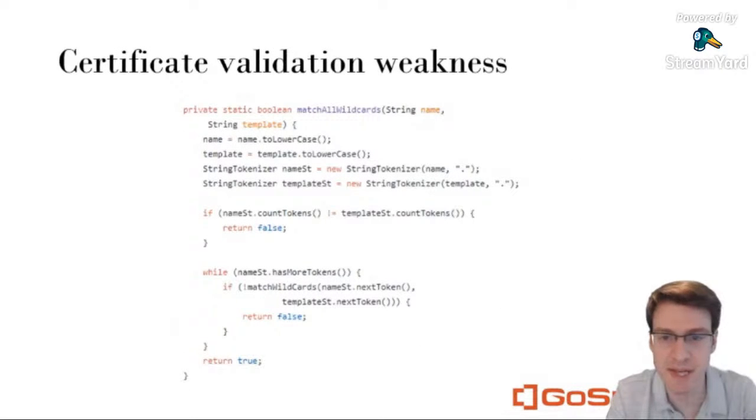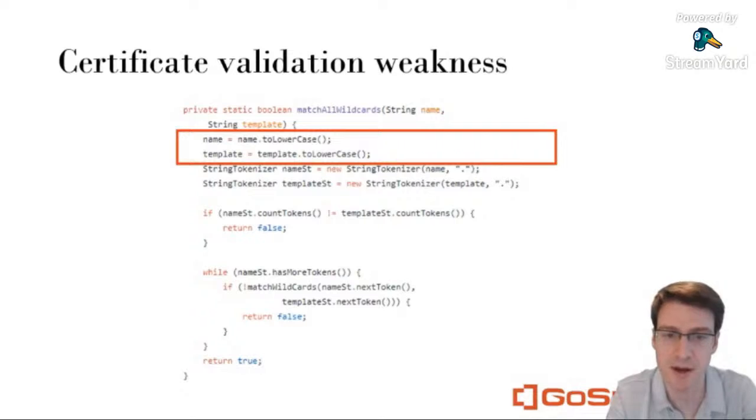One example of this is the implementation of the hostname validation in Java 6, an old version of the Oracle JDK. It's the same vulnerability that I've just presented. Looking at earlier implementations, they were doing lowercase transformation instead of normalization, so it will have the same impact.